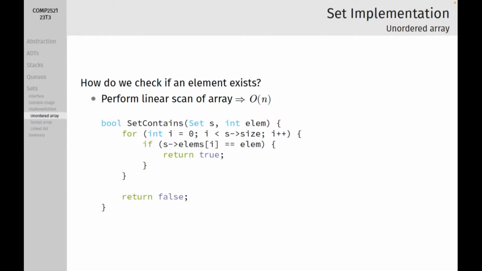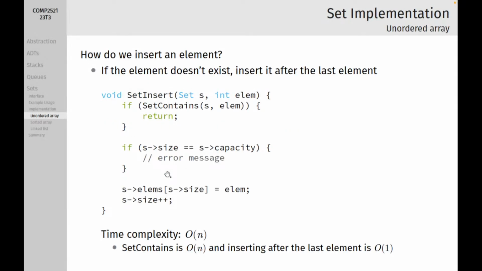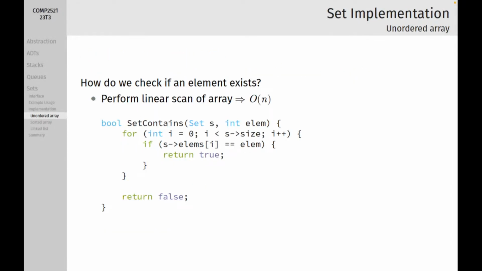So we have to perform just a linear search, right? So here we just loop through the array and check if they're equal to the given element. If one of them is, then we return true. Right? Otherwise, we return false. All right, so it's easy to see that this one is O(n), right? Because we just scan through the entire array.